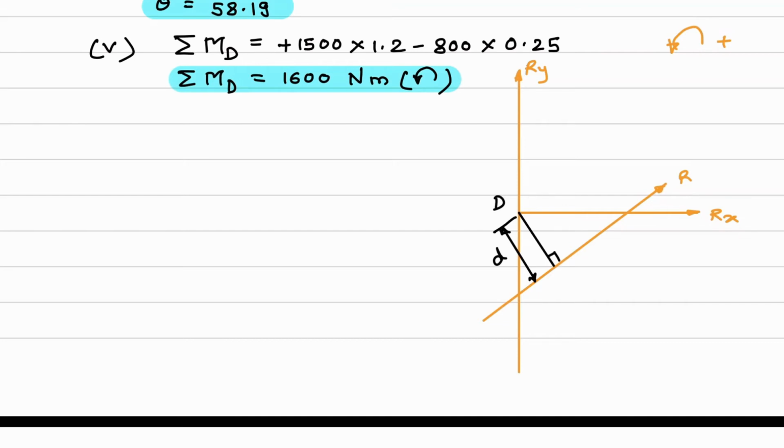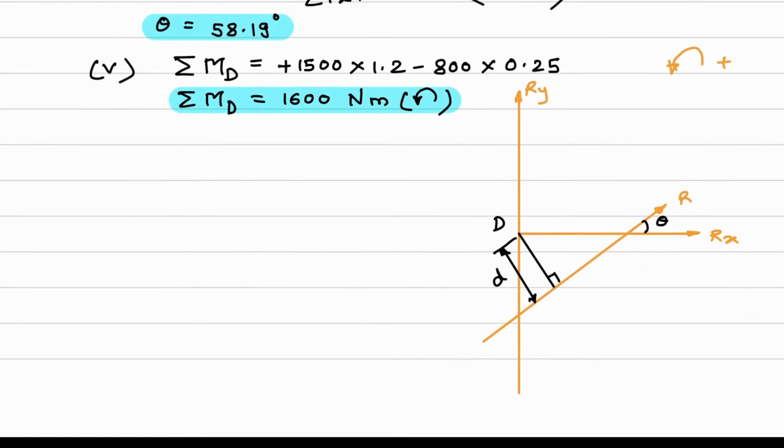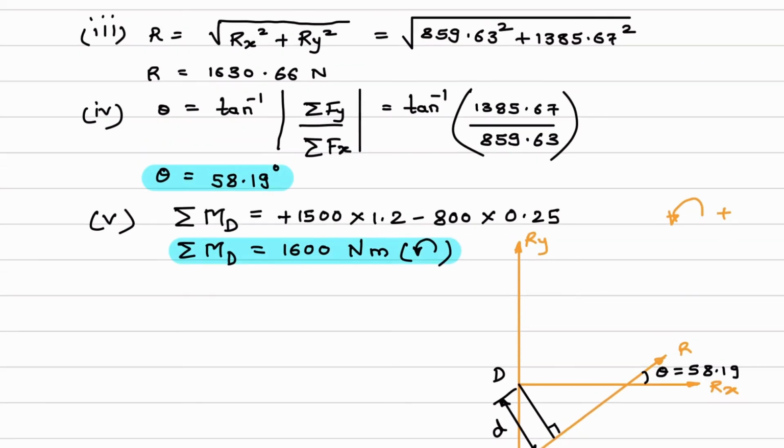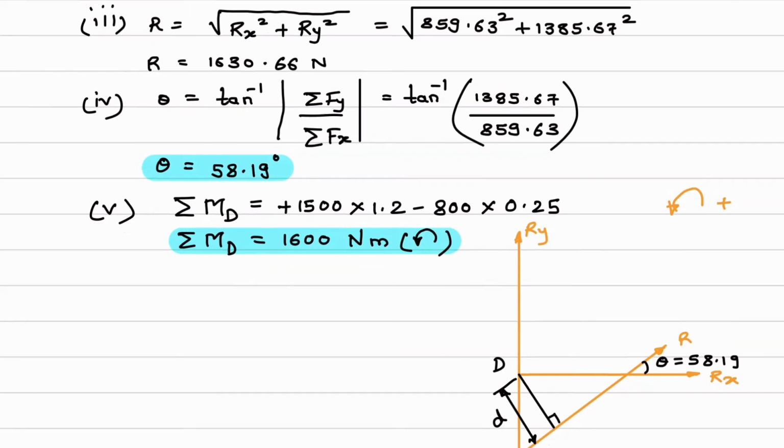Now this resultant intersects x-axis, so this angle will be theta. What is this theta? We have calculated 58.19. Resultant magnitude also we have calculated. What is resultant? 1630.66.